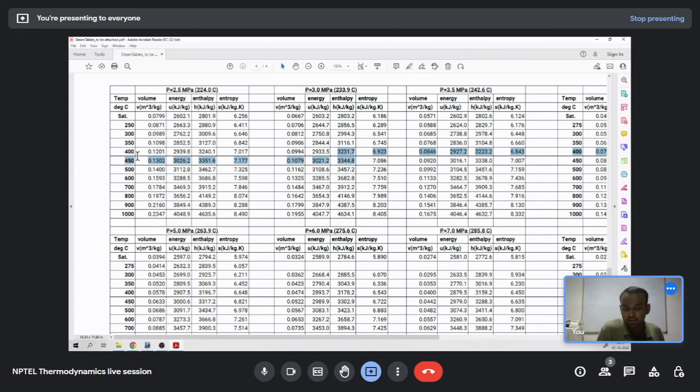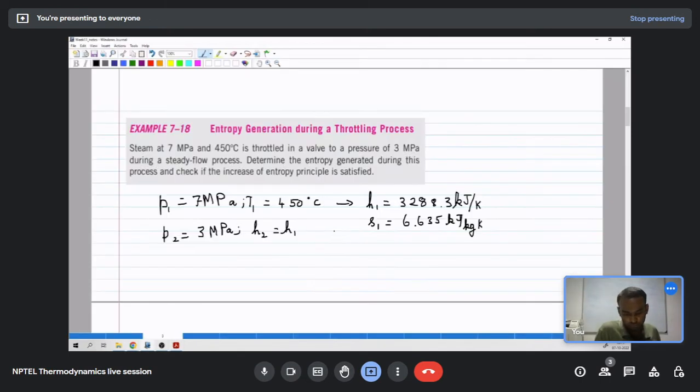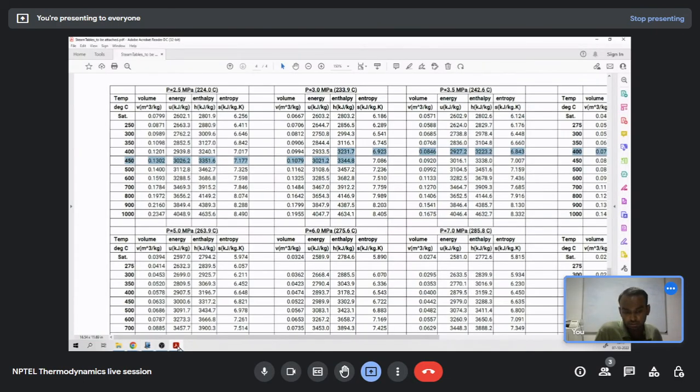To calculate this, we have to note down. At 400 we have 3231.7, and at 450 degrees Celsius we have 3344.8.